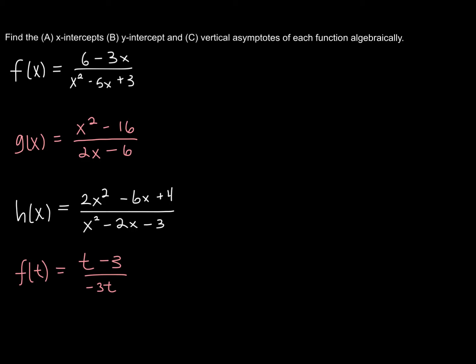You could make a table of values, or plug in some values in your head that are close to those asymptote values. The important thing is that you identify each of these three key characteristics for these four functions. When you're done with that, I have one more problem for you, so press play and we'll take a look.